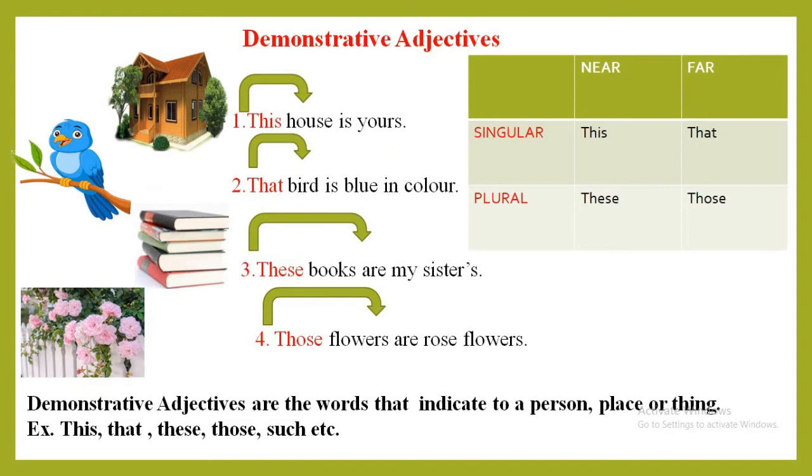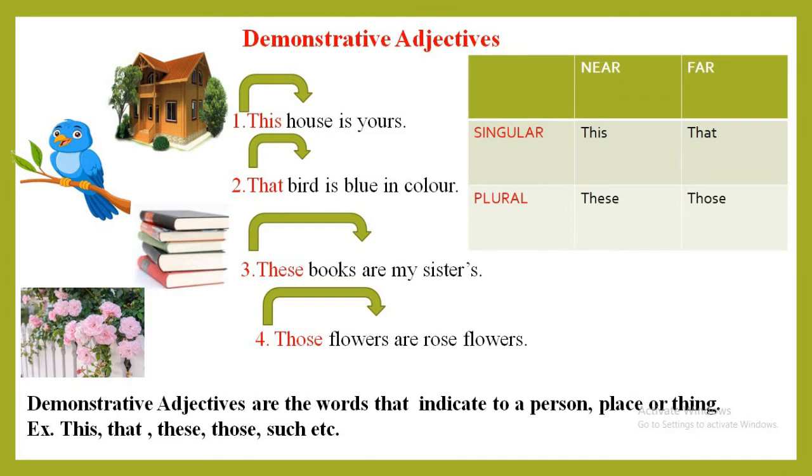Demonstrative adjectives. Now look at these 4 examples and observe what you find here. The words this, that, these, those are just before the words house, bird, books and flowers, and point them out. They are demonstrative adjectives.